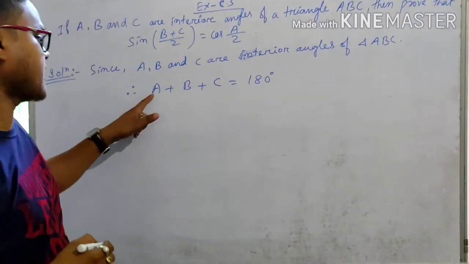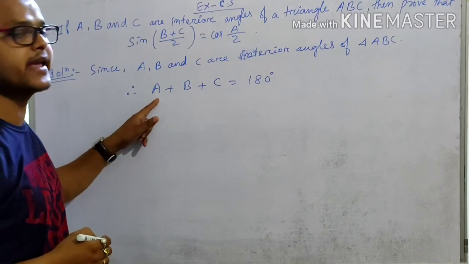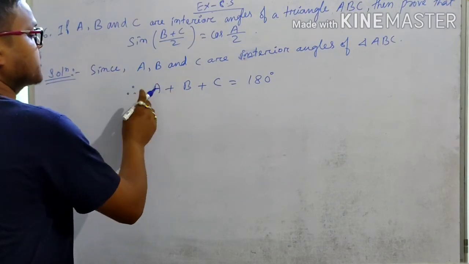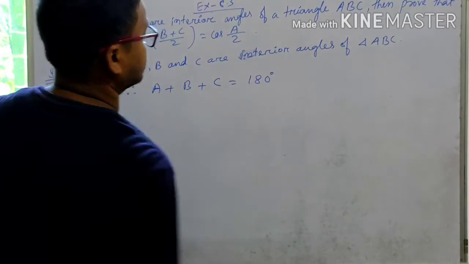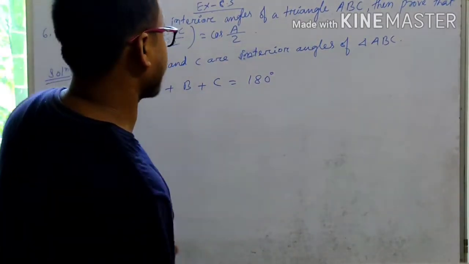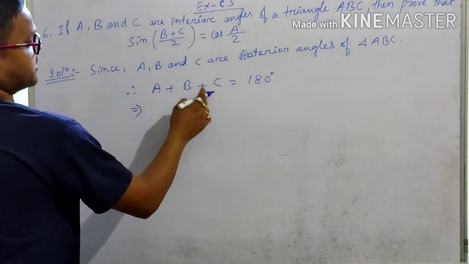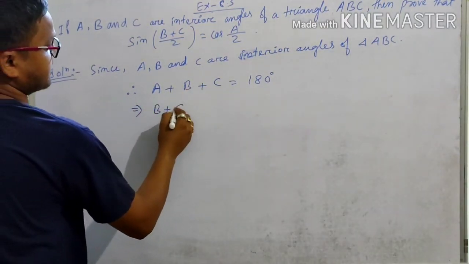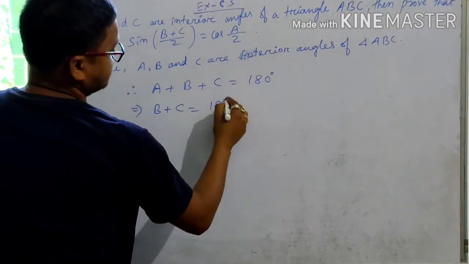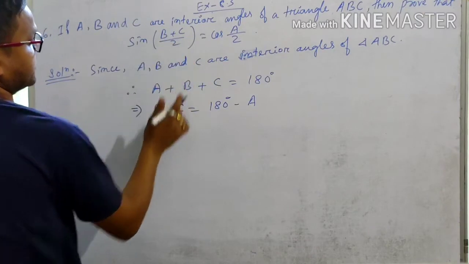I write here A instead of angle A, that also no problem. A plus B plus C is equal to 180, because of the angle sum property of a triangle. So finally, you take B plus C on the left hand side and A on the right hand side, because according to the proof B plus C is on the left hand side.